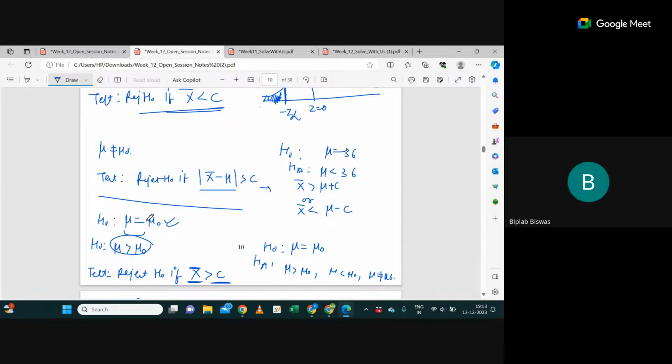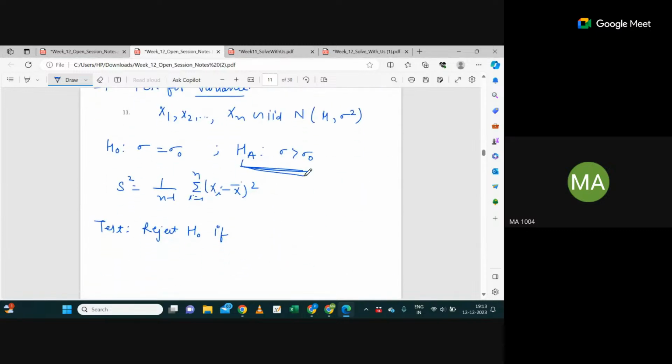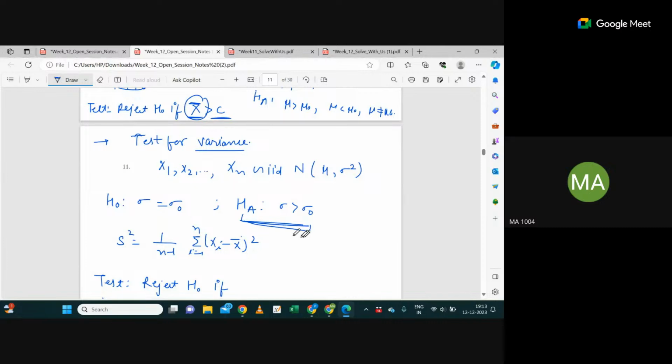A claim will always be in terms of a parameter which we don't know. I have made a claim and I will test that claim based on the sample data. For mean, I have used the sample mean. Now tell me, for this case, how will you decide? You will reject H naught when? Just think, feel free to say, even if it's wrong, we can discuss.